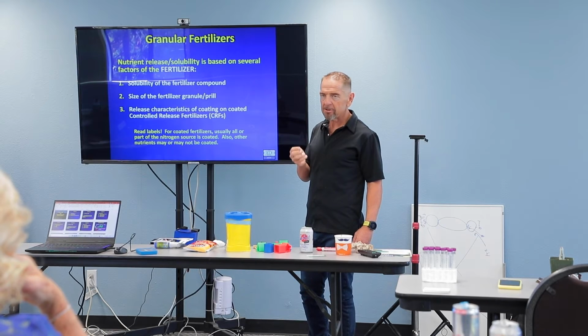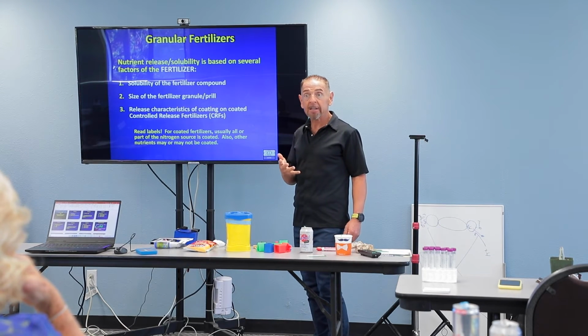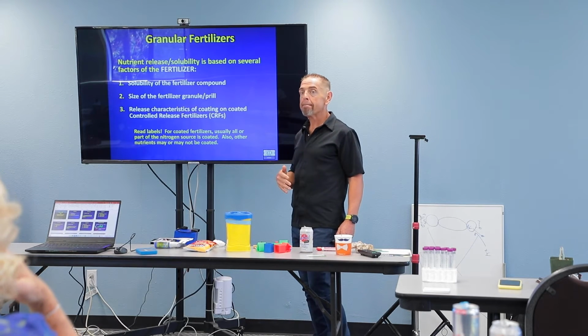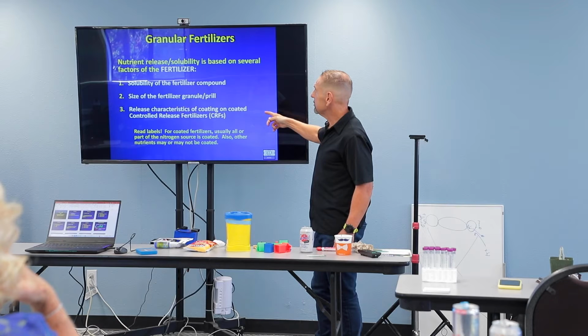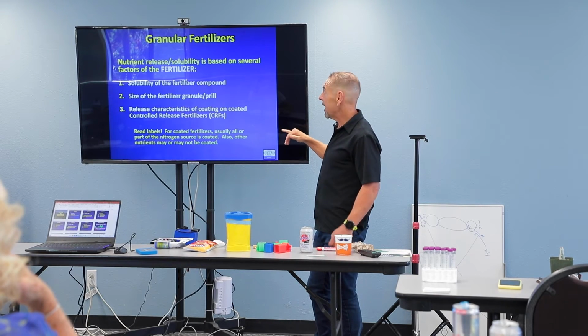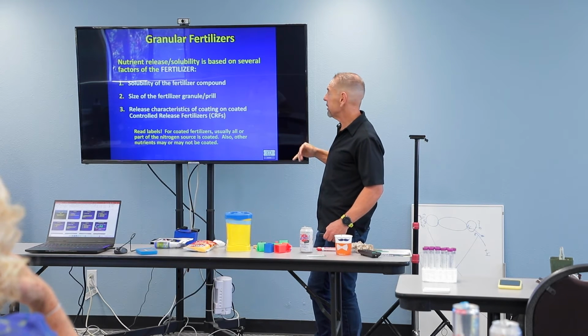So they went to a certain size of granule versus one that's really fine, which was going to give a quick change, but a brief one. Then there's the release characteristics of the coating. We'll talk about controlled release fertilizers, and I'll point out a label so you know how to read it.